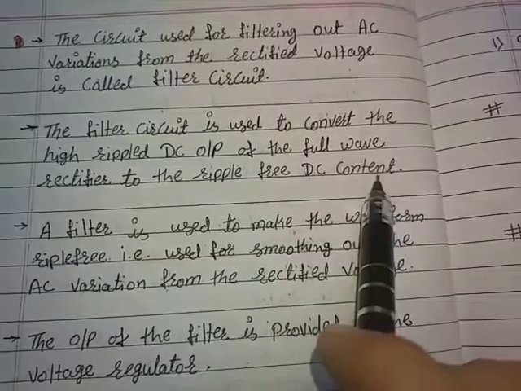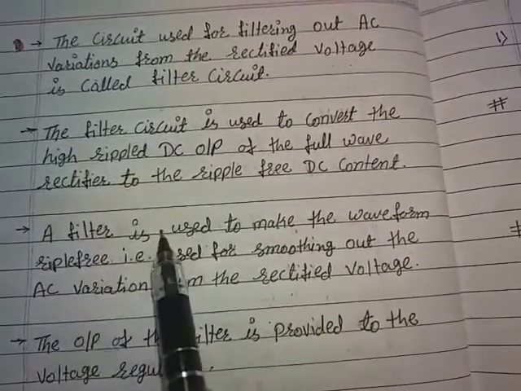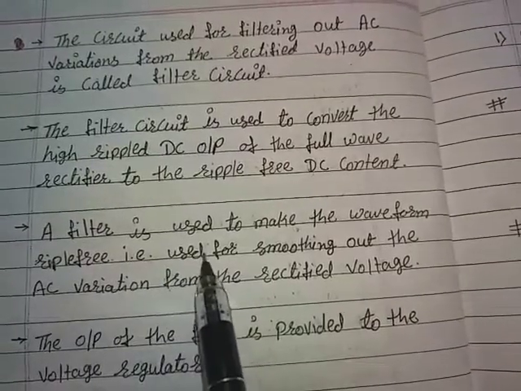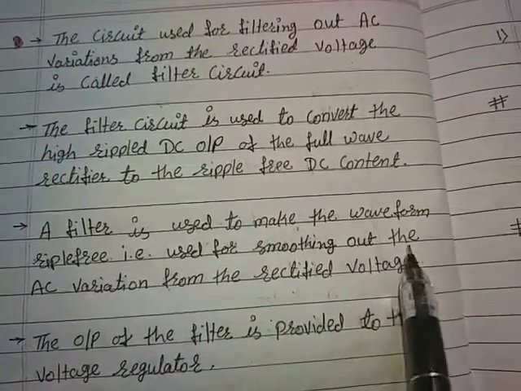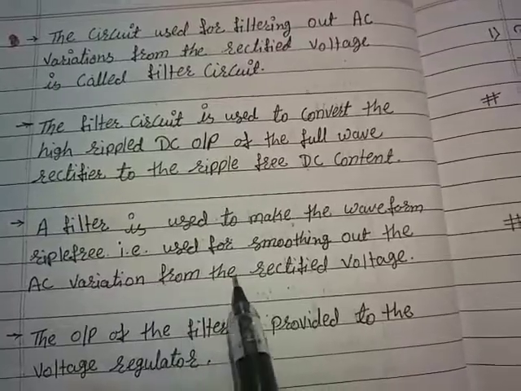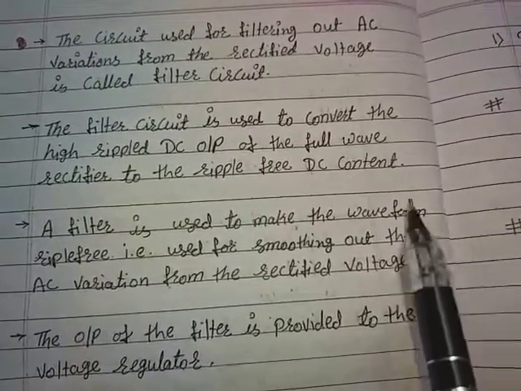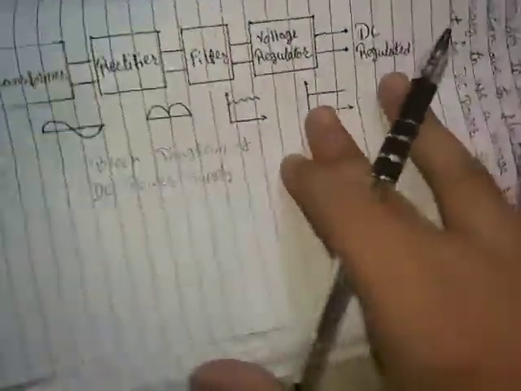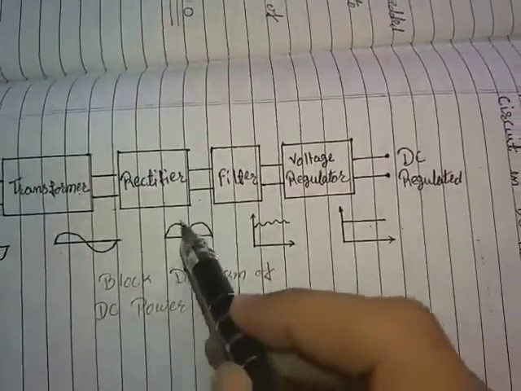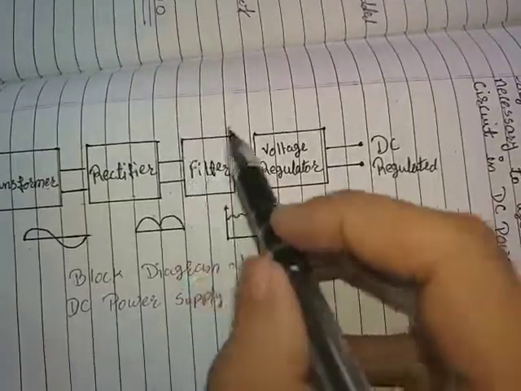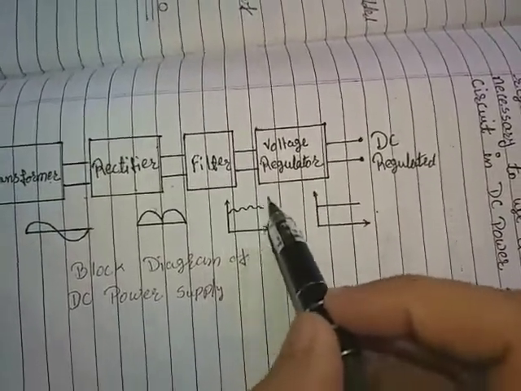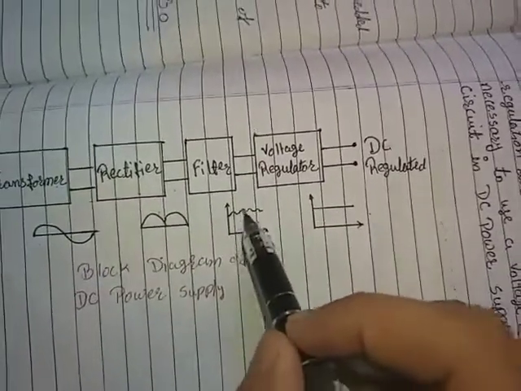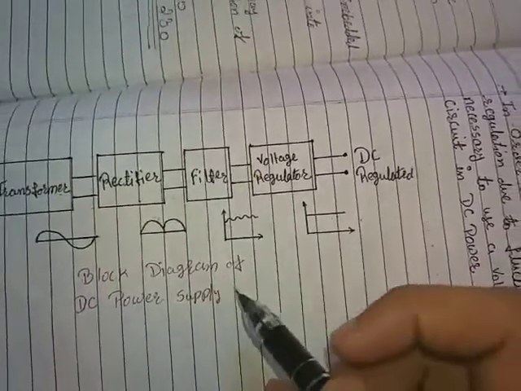A filter is used to make the waveform ripple free, smoothing out the AC variation from the rectified voltage, as we saw in the block diagram. Here the output of the rectifier is pulsating. The filter smooths the output of the rectifier and makes it look like a constant DC.